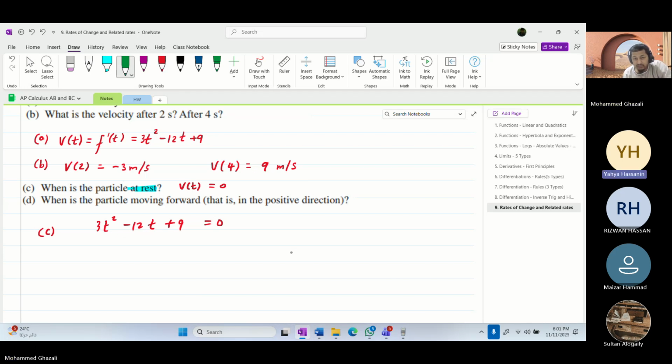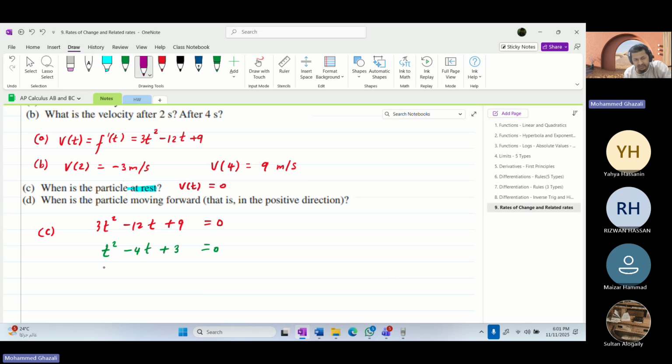I put this in my calculator and I got x equals 1 and x equals 3. You're going to change the x variable to the time variable t, okay? So look, this is what you're supposed to do. Don't go and factor it out like this. Put t squared minus 4t plus 3 equals 0, because remember, we can factor out a 3. In other words, you're dividing the entire equation by 3. Try to simplify the equation, then you can see the factors.